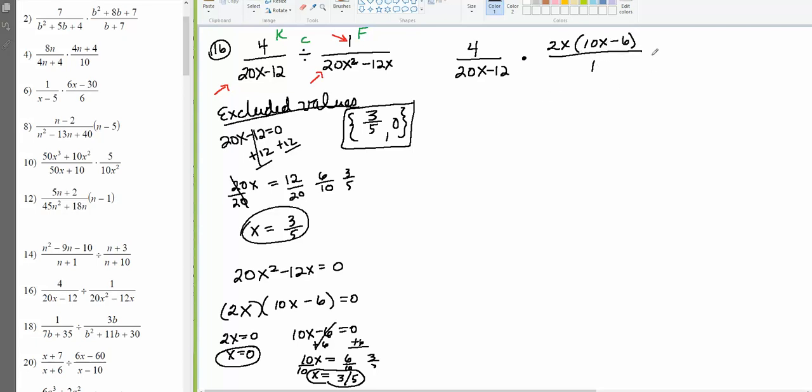Now we're going to multiply across. And remember, when you multiply across, it's this one times this one. We're not cross multiplying, we're multiplying across, numerator times numerator. So, well, 4 times 2x is 8x.